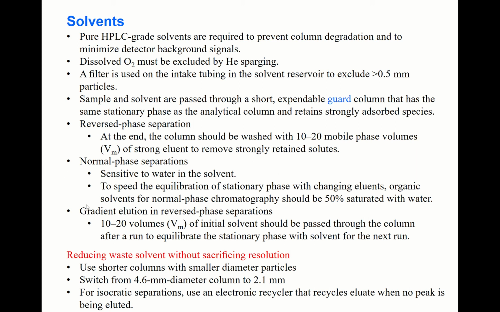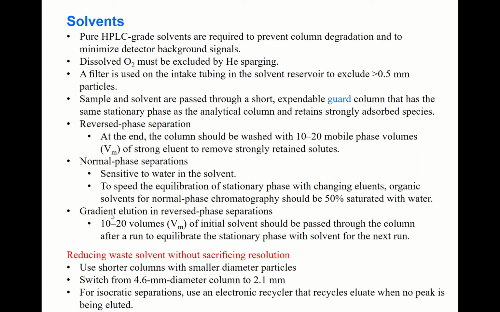For normal phase separation, which is sensitive to water in the solvent, to speed the equilibration of the stationary phase with changing eluent, organic solvents for normal phase chromatography should be 50% saturated with water. That's the idea.